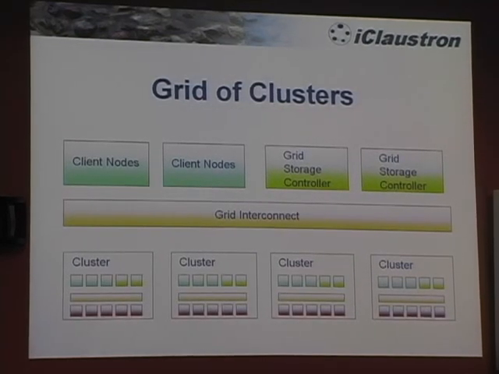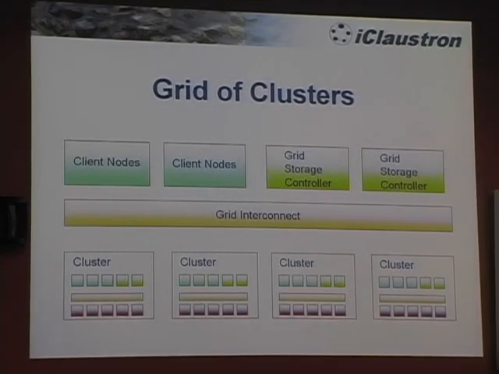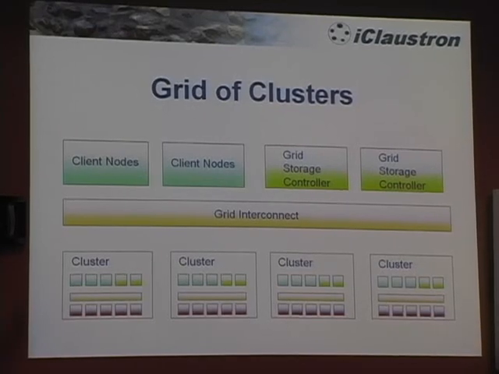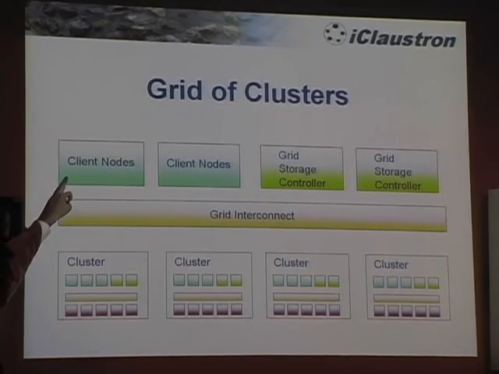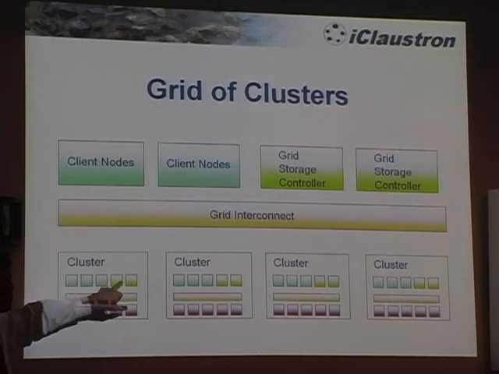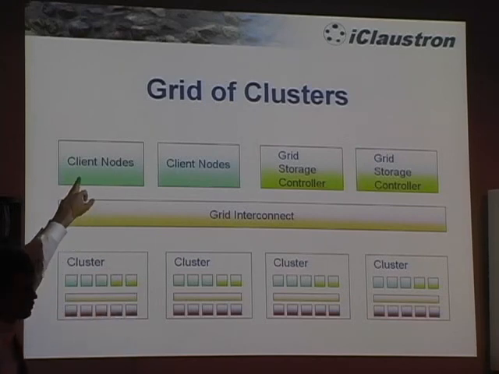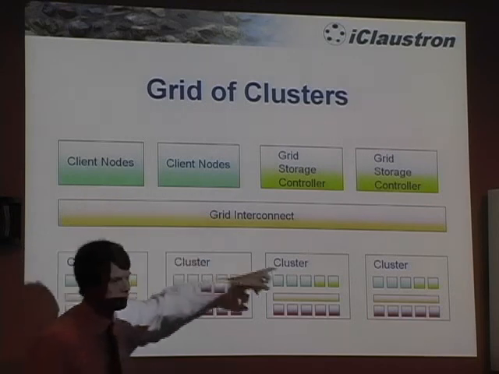So I talked about clusters, and I noticed that the cluster doesn't really scale enough for various reasons. So the idea is now that I simply take those clusters and I create a grid. The client nodes up here are now talking to the storage controllers in the cluster nodes. And the client node here can then talk to any cluster.